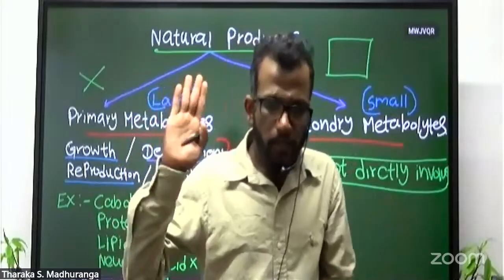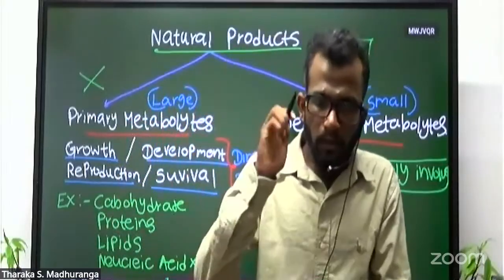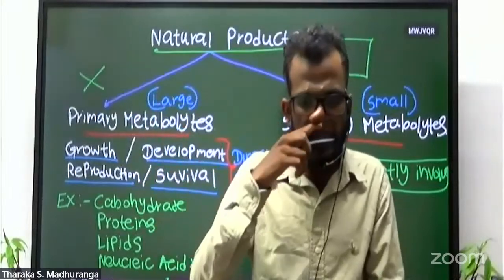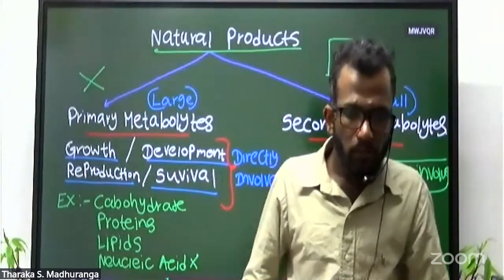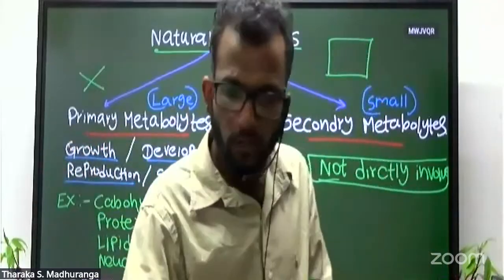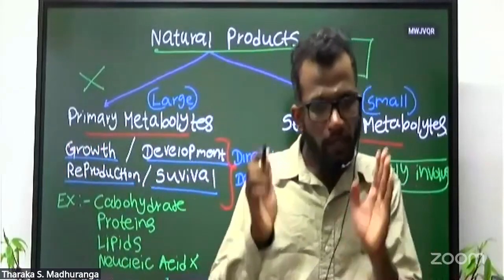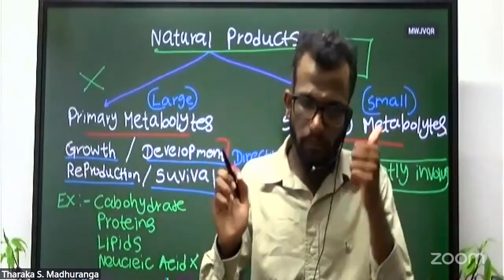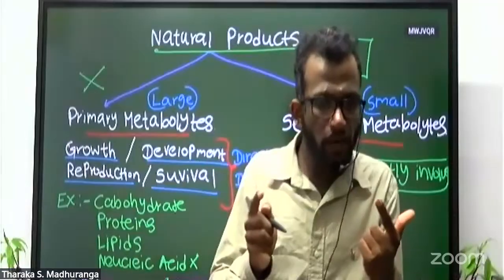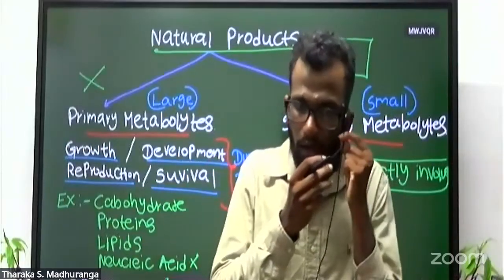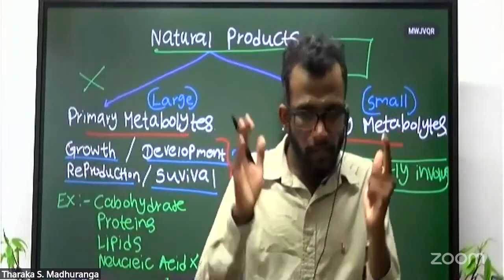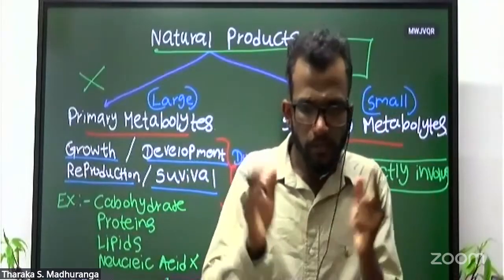In the exam there can be a question: what are the differences between primary metabolites and secondary metabolites? Then you can mention a lot of differences. Primary metabolites are directly involved, secondary metabolites indirectly. Primary metabolites are there for the entire life period, secondary metabolites only for a certain period of life.